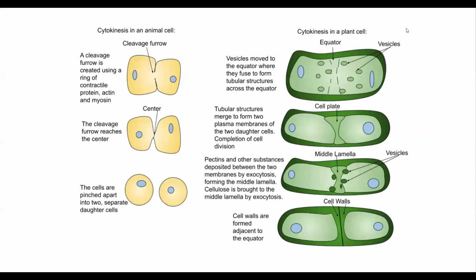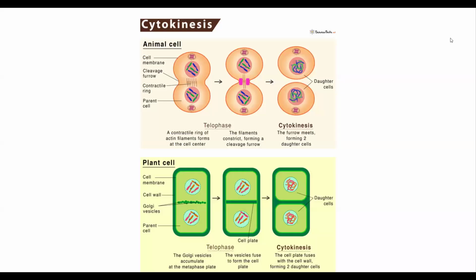In plants, the middle lamella forms between the two new cell walls, acting as a sticky layer to hold the daughter cells together.